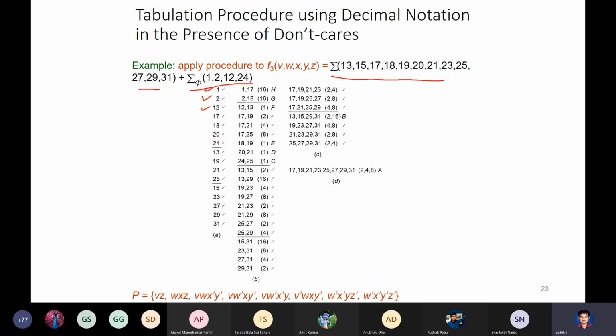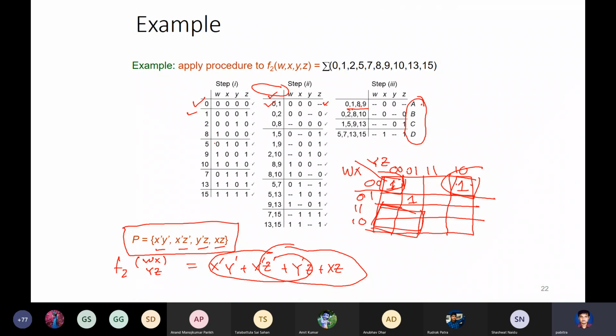You treat them as if they are min terms. Later we'll discriminate them. So I slightly extend this procedure to the case where I have don't cares. The procedure is simple. If you have some don't care, just treat them as min terms and follow this procedure.